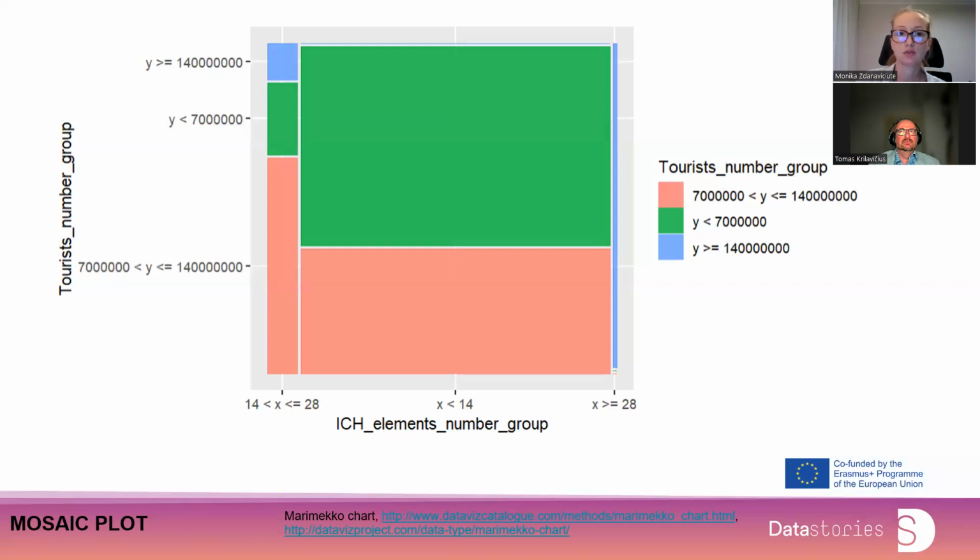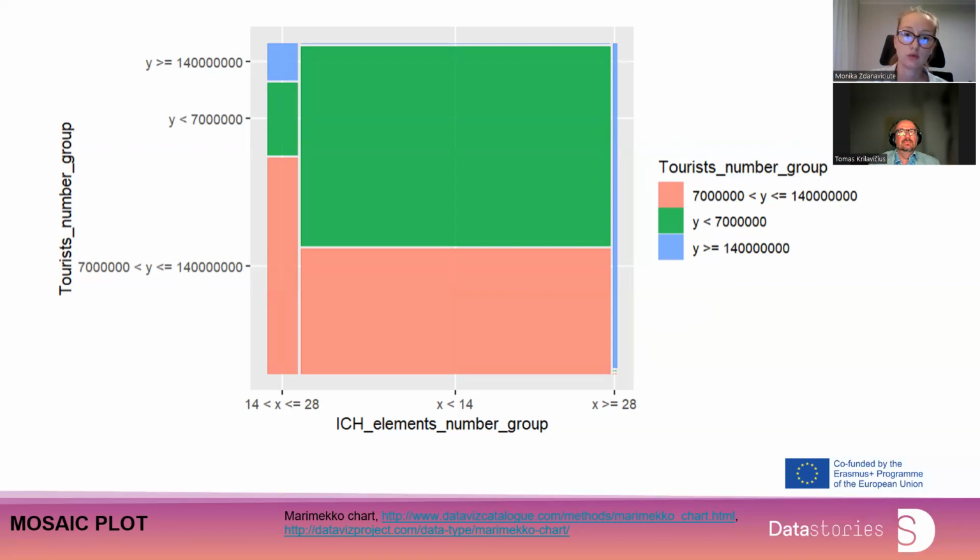And we can see that this group is actually grouped into 3 groups, but the upper blue is very, very small. So that means that there are very, very few countries that have less than 14 ICH elements and more than 14 million tourists.